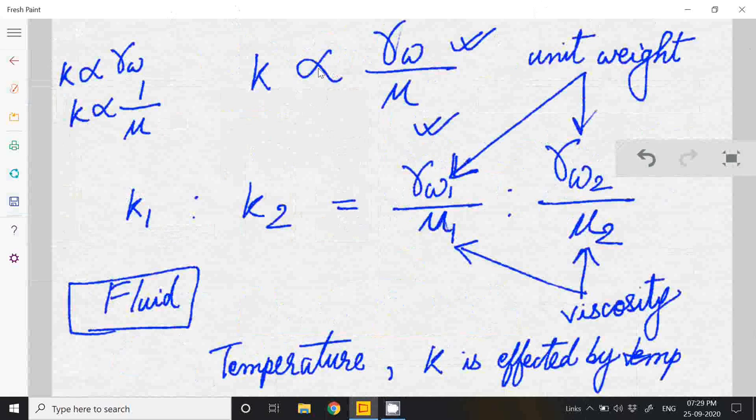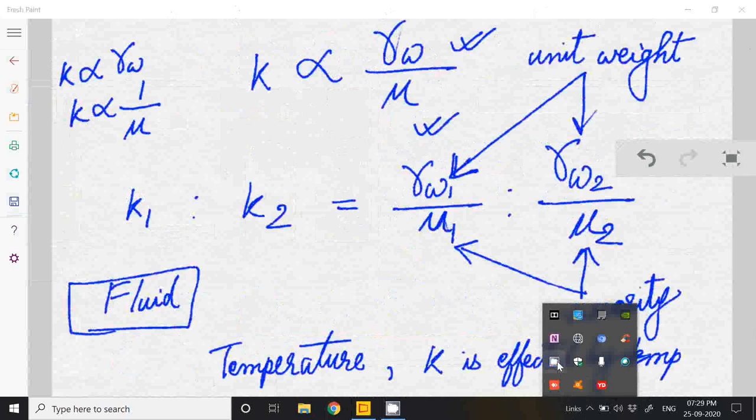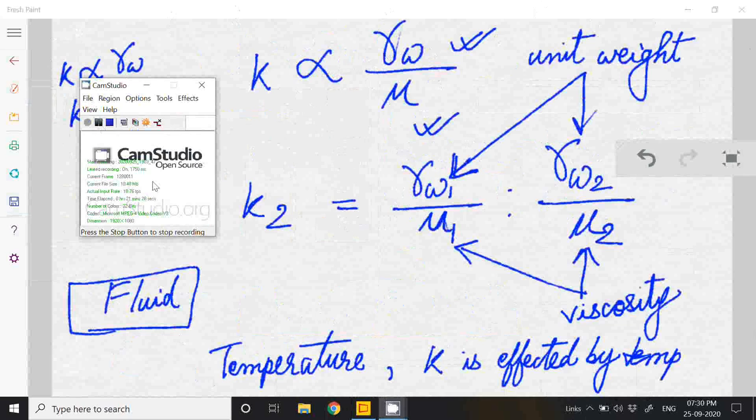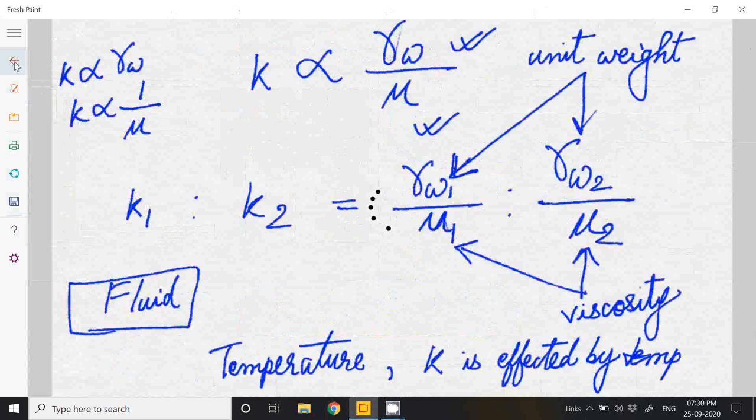Because K is proportional to unit weight and inversely proportional to viscosity, and both the unit weight and viscosity are affected by temperature, indirectly K is also affected by temperature. So please remember this. For understanding it in a proper way, let us do a very small numerical.